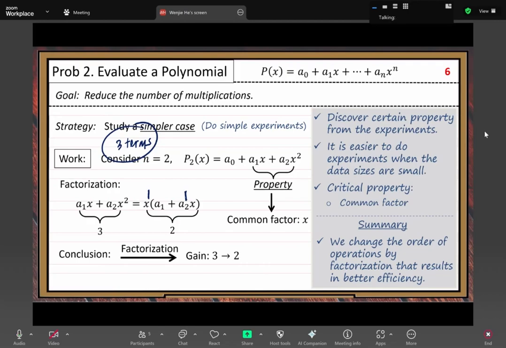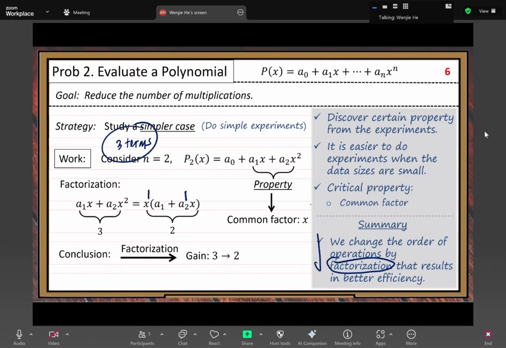Here we changed the order of operations by factorization. Last time when I mentioned that statement, I didn't say how to change the order, right? So you may wonder how to change the order. Now you know: we can change the order by factorization.